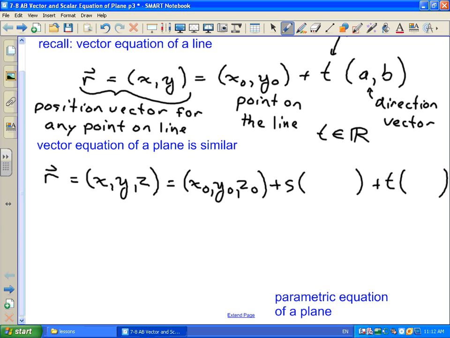So I'm going to use s and t as our 2 parameters, and to represent our direction vectors, I'm going to use (a1, b1, c1) and (a2, b2, c2). So we've got 2 direction vectors.